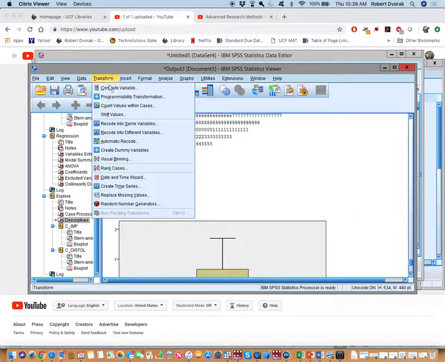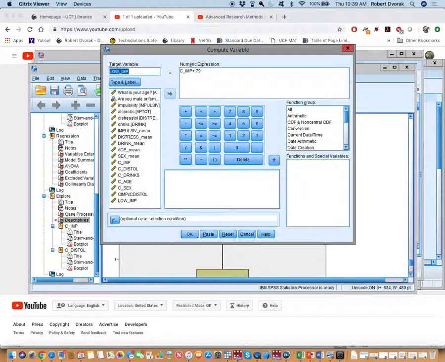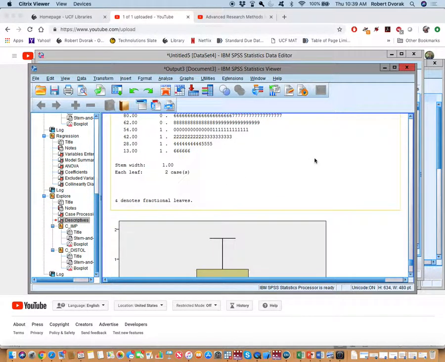And then transform, compute. And we are going to have high impulsivity. And to get high impulsivity, you subtract 0.79 from the mean, right? And I know it seems counterintuitive. But always have in mind that you're referencing the old one.